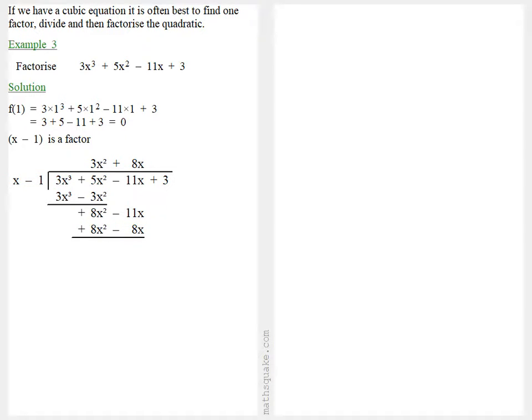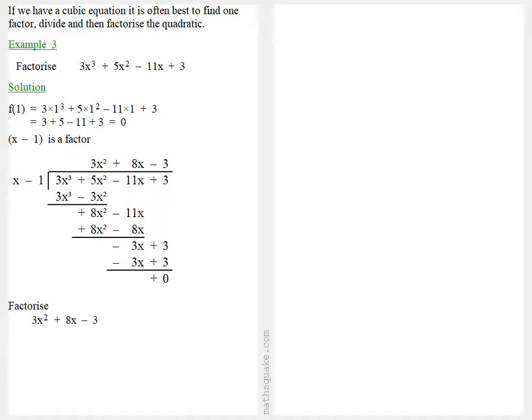The x squareds cancel out, and we have minus 11x take away minus 8x, which is minus 11x plus 8x, which is minus 3x. We bring down the plus 3, and we say x into minus 3x. That's minus 3, so we multiply minus 3 times x minus 1 to get minus 3x plus 3. We take away, and that leaves remainder 0.